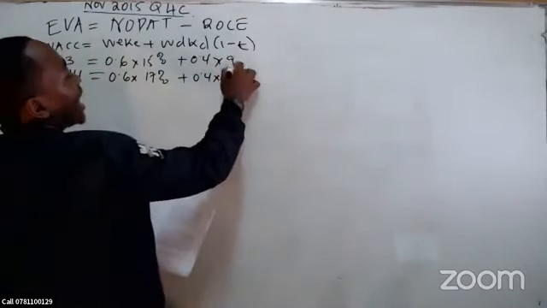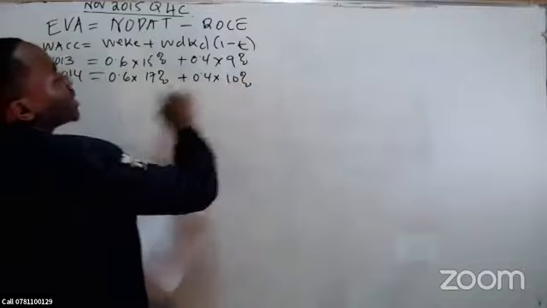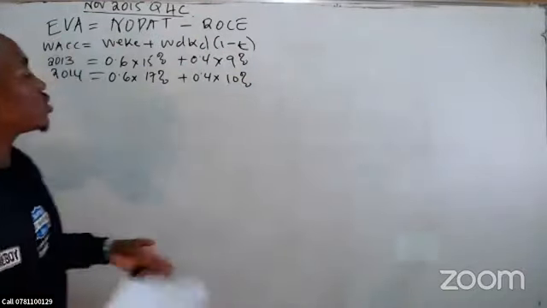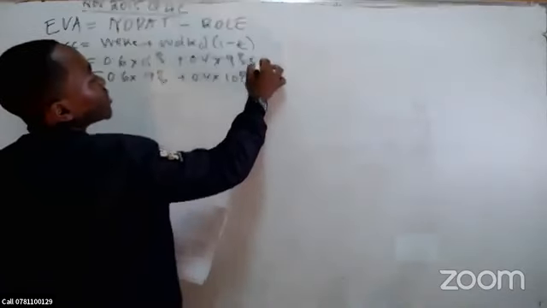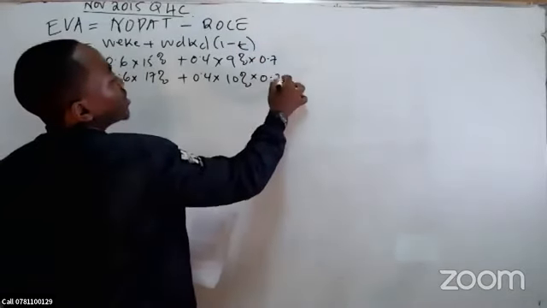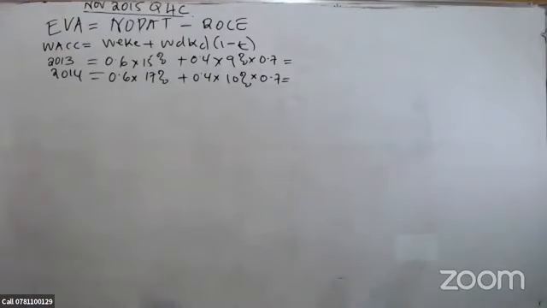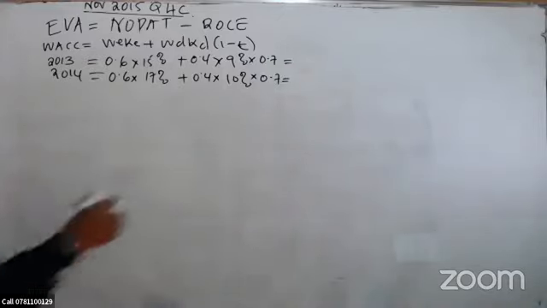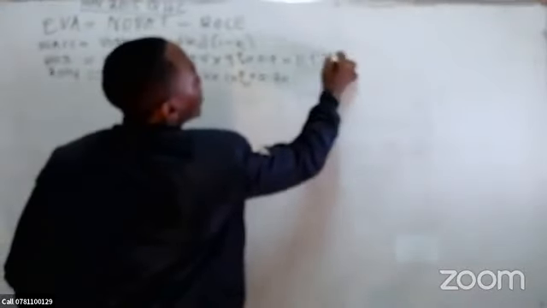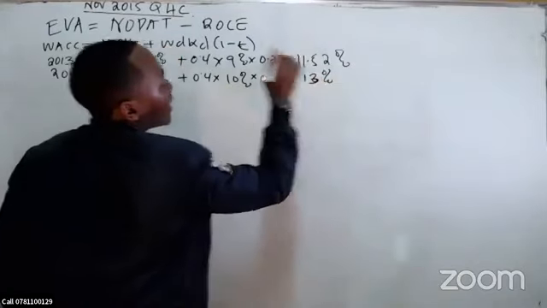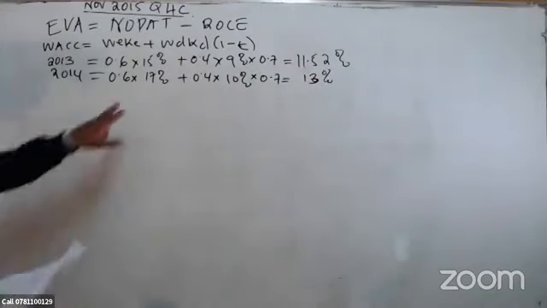So this was 9%, this was 10%, and then you deduct the tax. We are told that the tax rate was 30%, so 1 minus T becomes 0.7. In that case, how much do you get? In this case, you'll get 11.52%, and the other one you'll get 13%. Any question up to that point?